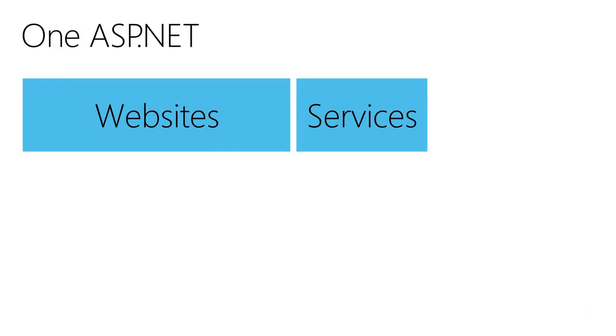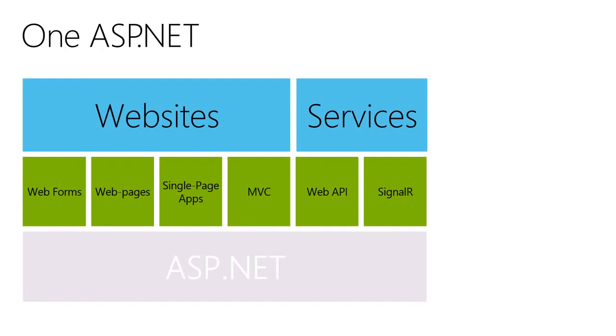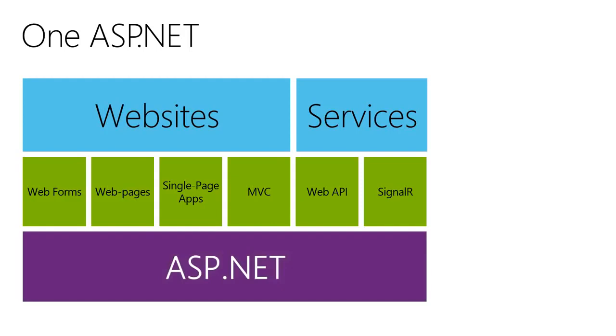So let's go ahead and talk about One ASP.NET. This is their new marketing buzzword that basically means that ASP.NET is ASP.NET. Whether you're using MVC, web forms, or doing an API, it's all ASP.NET. So the idea is that all of these are built on top of ASP.NET.